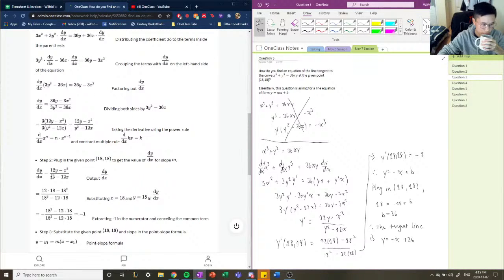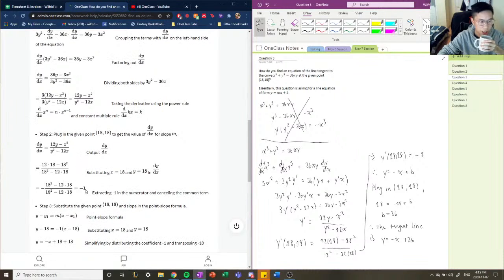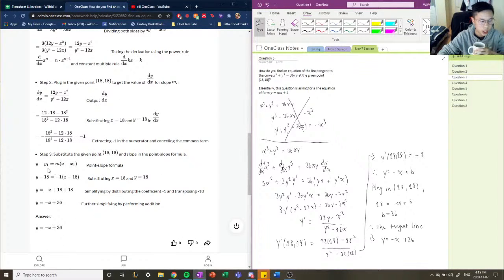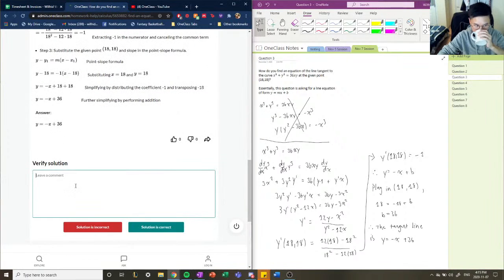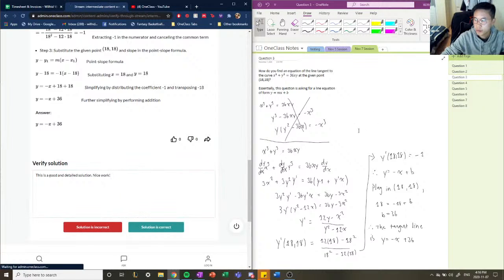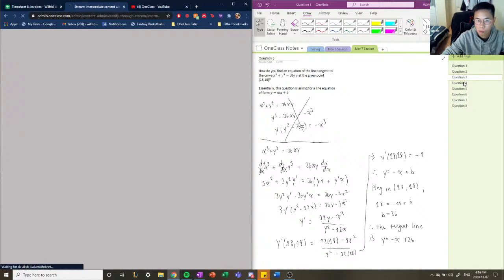They plugged in 18 over 18 to find the slope, then plugged the slope into the line equation, and plugged in 18 to find our y-intercept, and then they produced the answer, which is the line tangent to the curve. This is a good, detailed solution. Nice work. Cool. All right, moving on to question number 4.